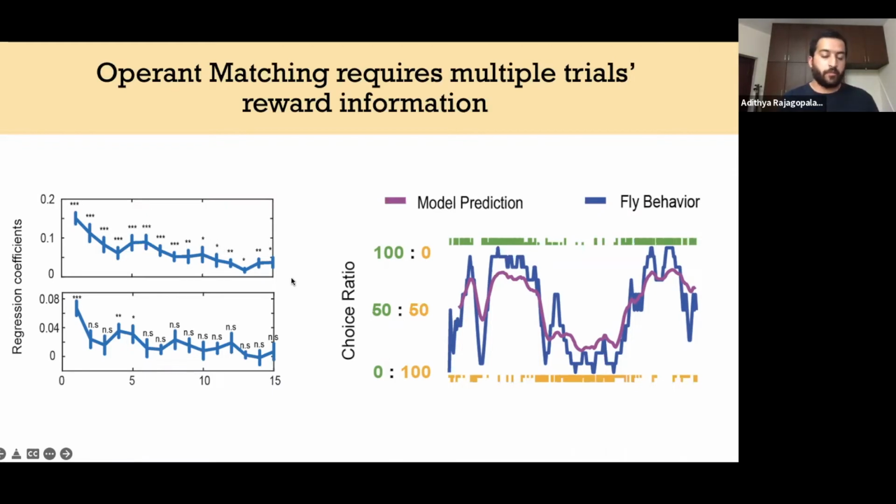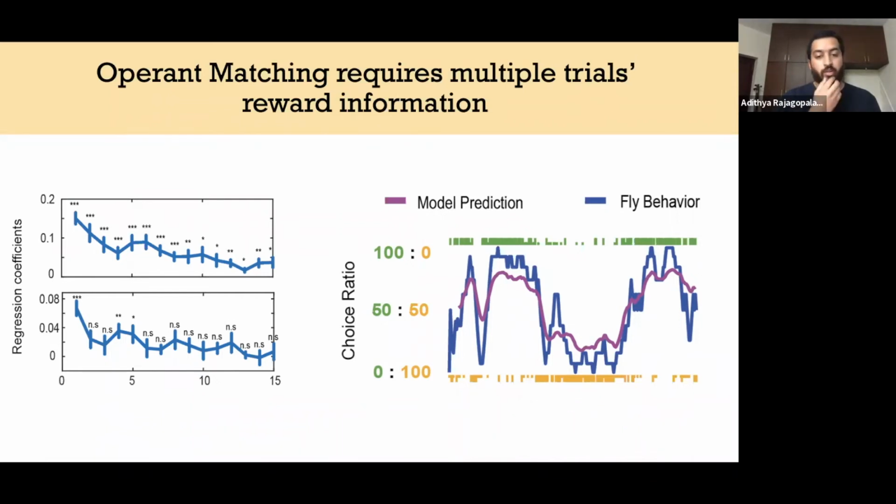Up to 15 rewards in the past, there seems to be a non-zero regression coefficient, suggesting that rewards in the past do in fact play a role in predicting the animal's behavior, with more recent rewards being more important than later rewards. There does not seem to be much of an effect of choice, except for the most recent past choice in determining the choice that the animal makes on the next trial.